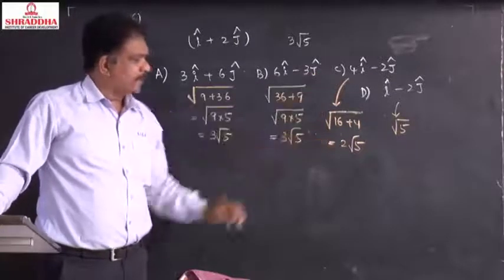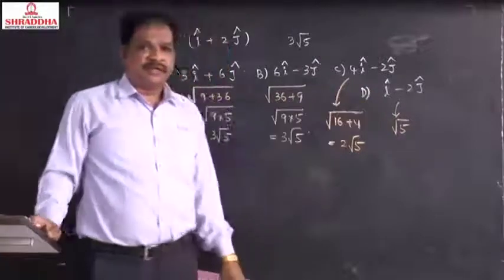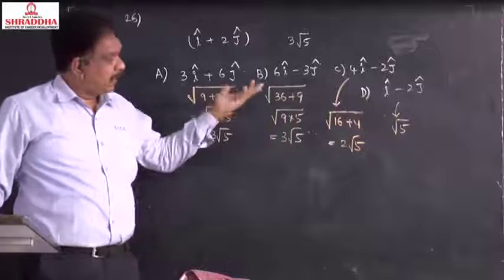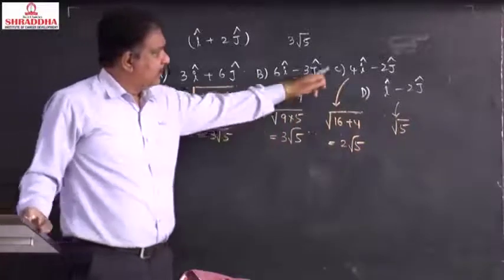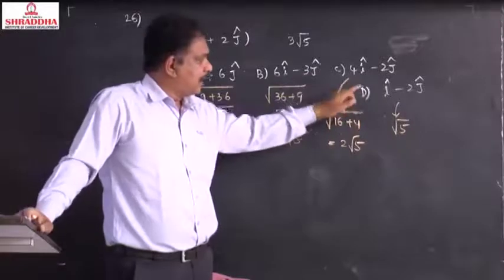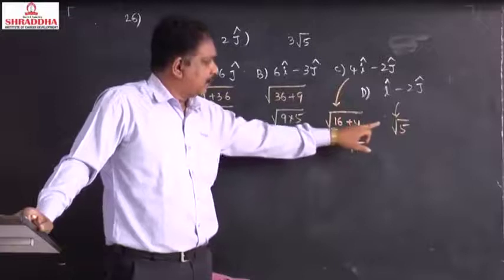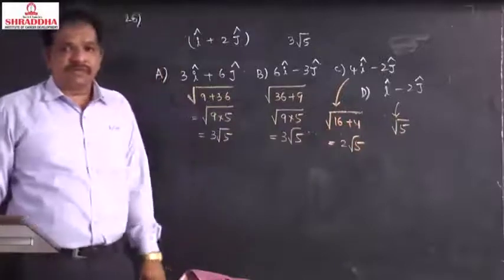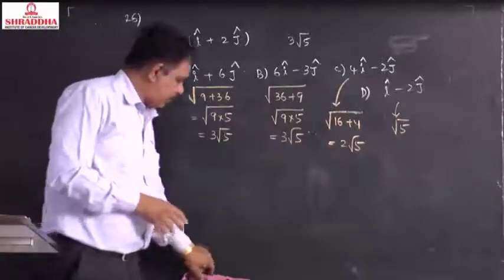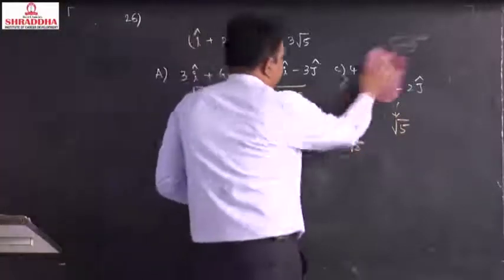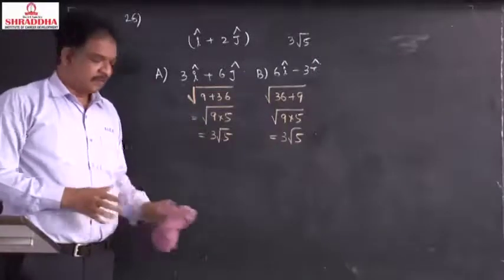This is also not the correct answer. Why? Its magnitude is root 5. Is it clear? These two are not the answers because their magnitudes are 2 root 5 and root 5. So remove these two. One of the remaining will be the answer.